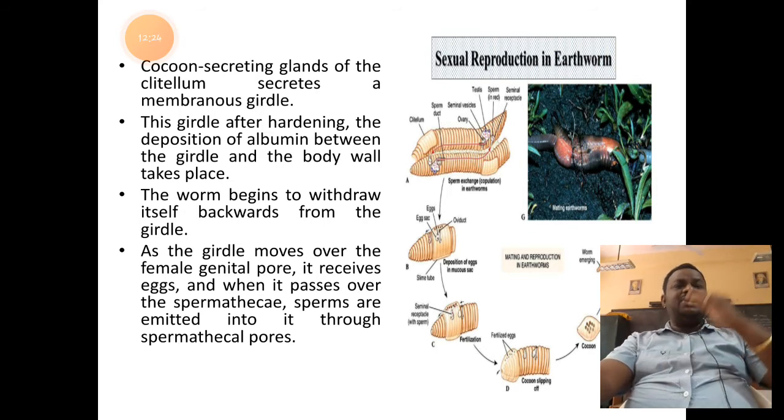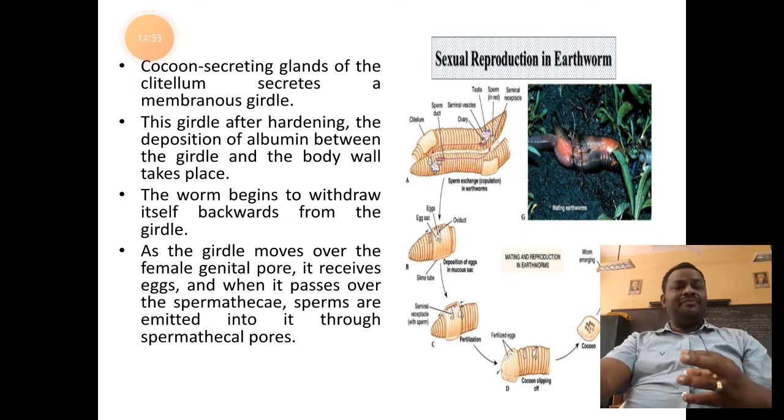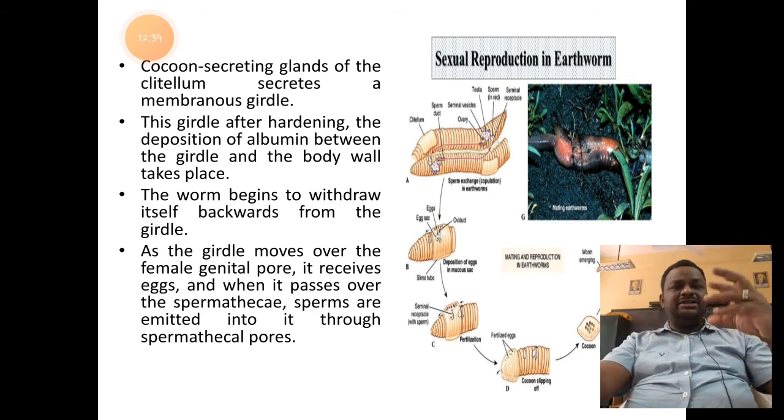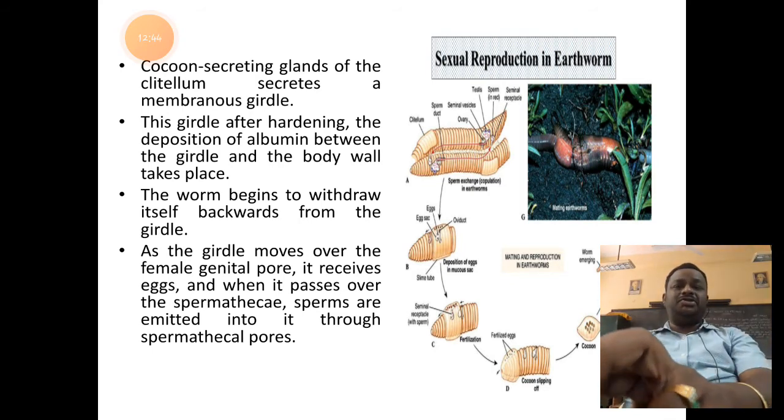So, it becomes like a cover-like structure or thin extra cover which will separate out from the clitellum. Now, into this structure the albumin is thrown by the albuminous glands, and now the organism slowly moves till the 14th segment of the clitellum is reached.